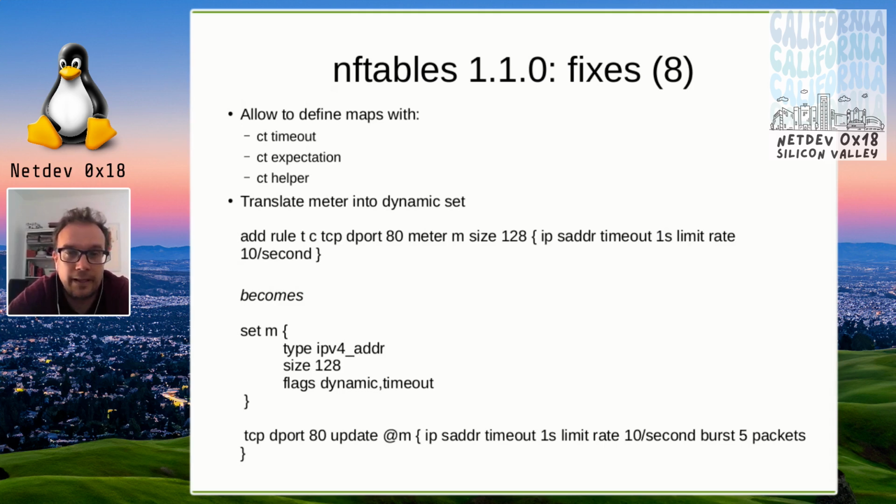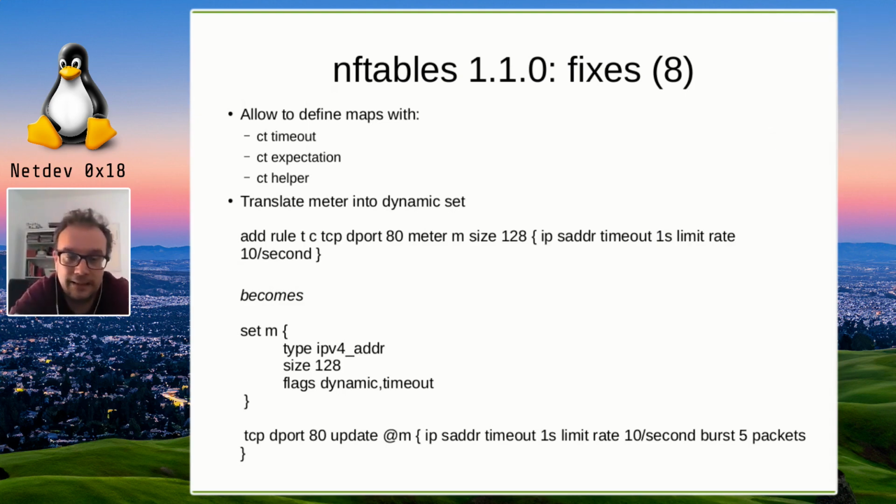We have now translate meters, which is a legacy representation, to use dynamic sets. So if you still use meters, you are encouraged to upgrade to the new syntax. Otherwise, nft is going to automatically display in your rule set a dynamic set, which is for consistency with the meter.